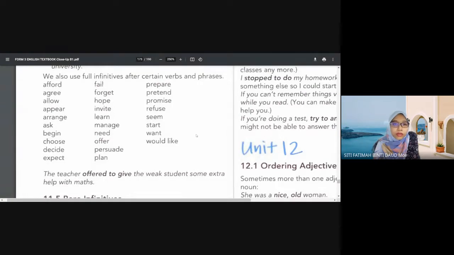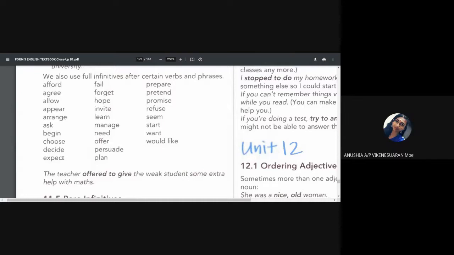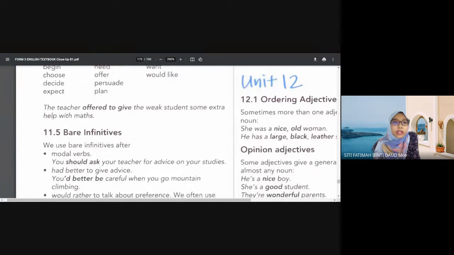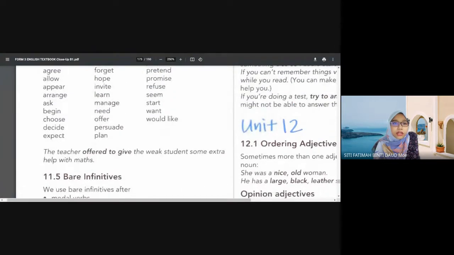I would like to talk to you about this. Okay, so these are the words after which you use the infinitive. So the teacher offered to give the weak student some extra help with maths. Okay, offered, after offer, to give.